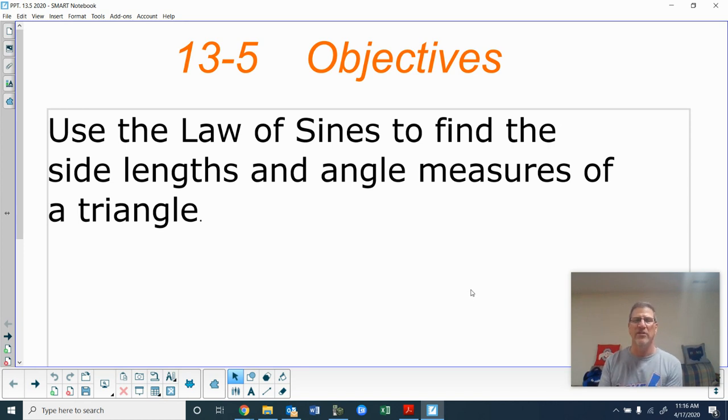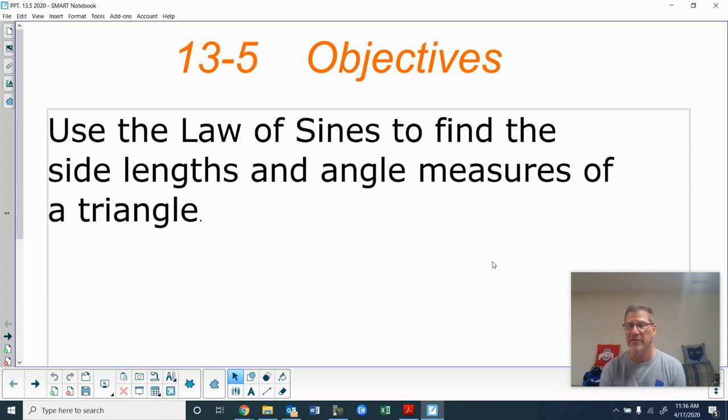All right, so we're going to use the law of sines to find the side lengths and angle measures of a triangle. So in these problems, you're going to have to find three answers. It's going to say solve the triangle. There are three sides to a triangle and three angles. They're going to give you three things, two angles and a side or two sides and an angle.